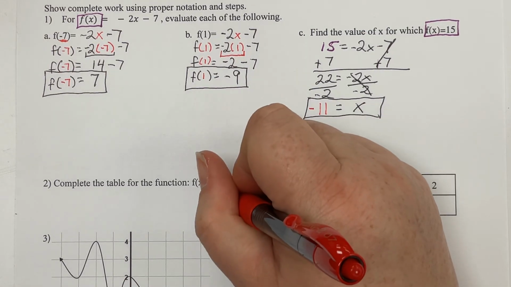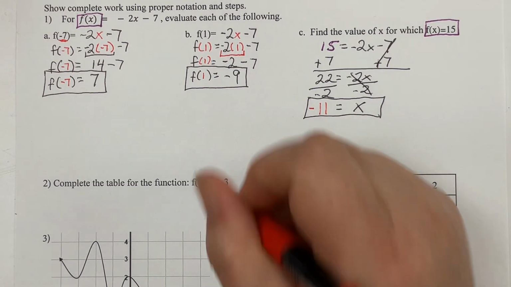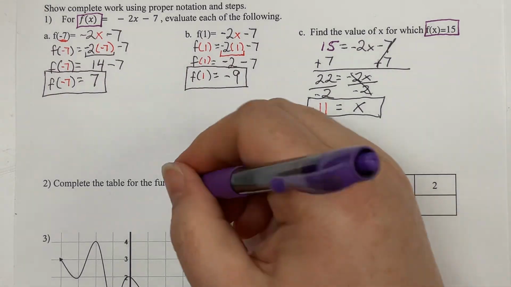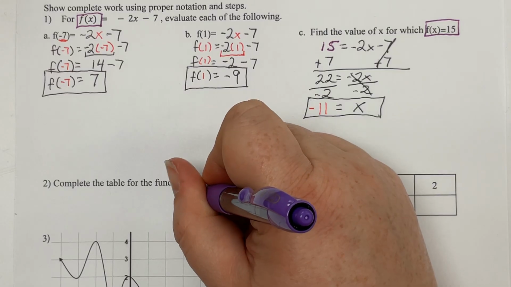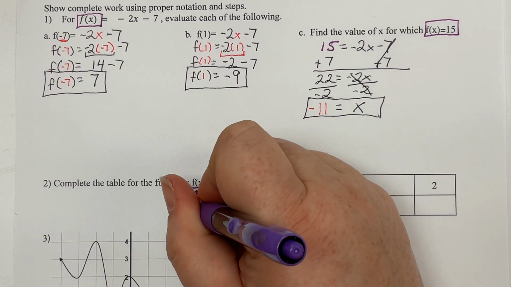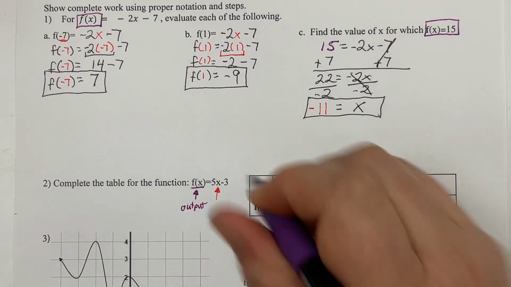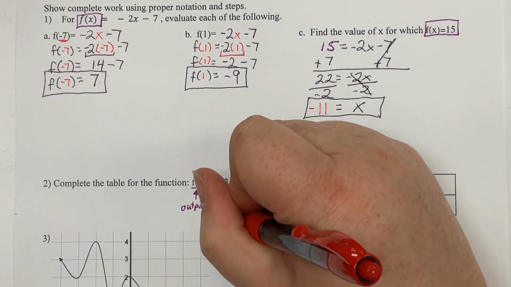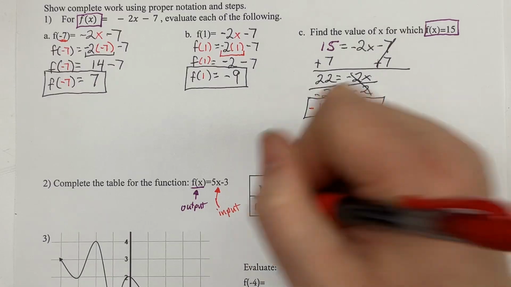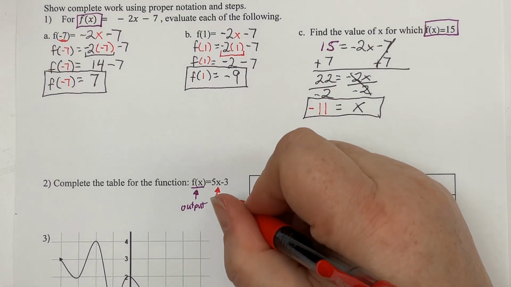Okay, so remember, this is our input here, and this is our output here. You know what? I'm actually going to put a note here, output. And then here I'm going to write a little further down, input, to help me remember, okay?